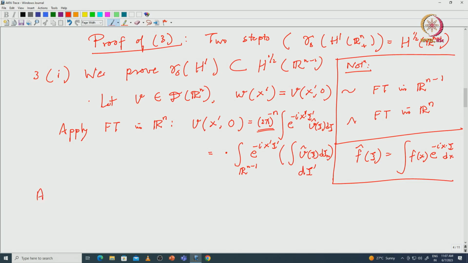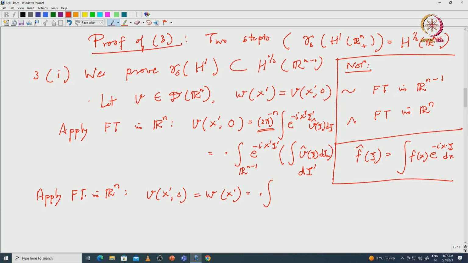Now, I apply the Fourier transform in Rn minus 1 for W. I can directly get that one, because V of x prime, 0 is the same, by notation, as W of x prime. With the Fourier transform, if you are using the constant 2 pi power minus n, there the constant will be 2 pi power minus (n minus 1) minus n plus 1; all that constant you have to keep track of.